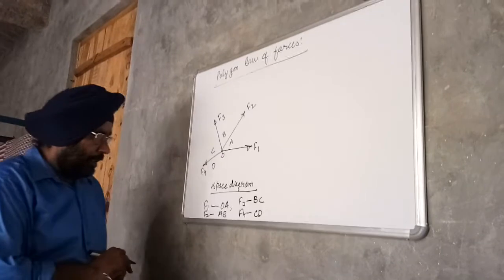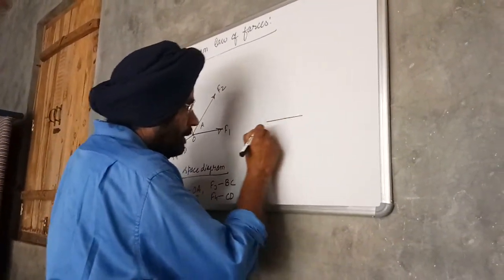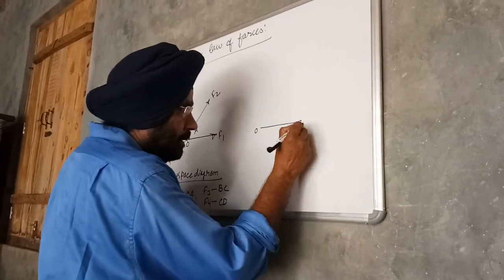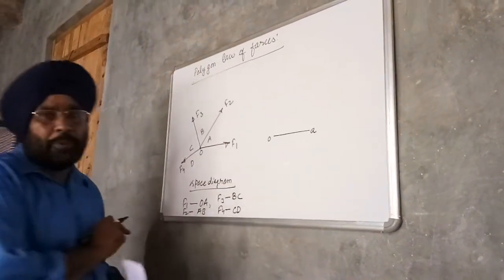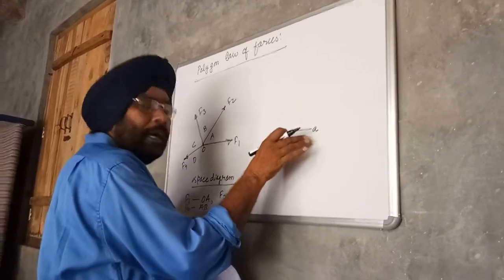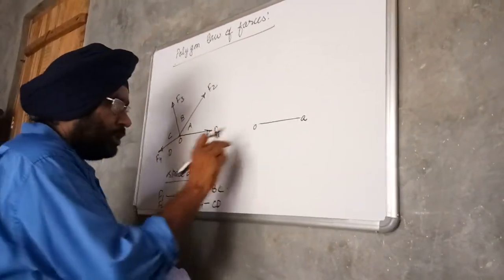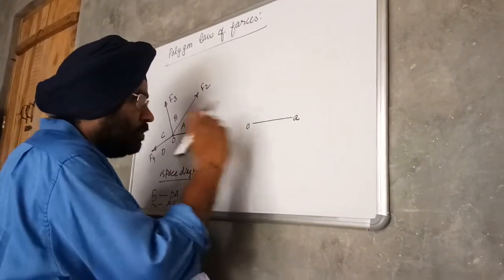Now draw the line OA. Line OA represents the force F1. The length of the line gives the magnitude of the force F1, and the direction of the line OA gives the direction of the force F1.